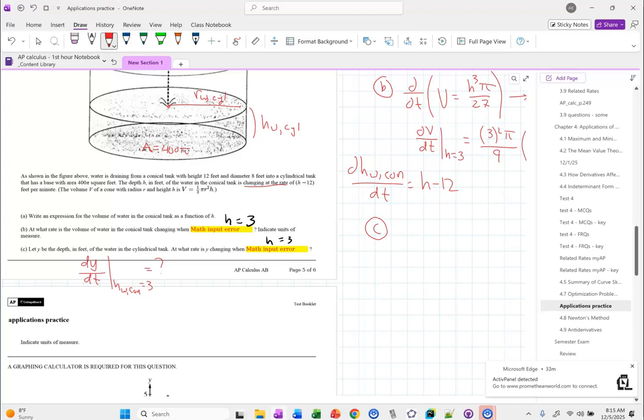So we probably want some equation concerning a cylinder. What equation do you suppose we want about cylinders? I would think volume as well, because what's happening with the cylinder? It's filling up with water, right? What is water occupying? Volume. Everybody feel okay with how we reason out that volume is probably the equation we want here?